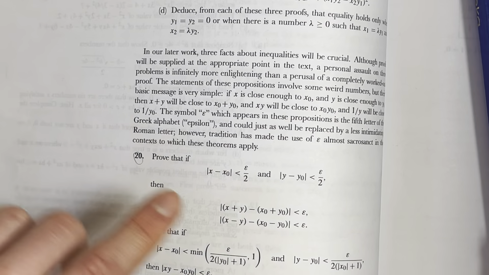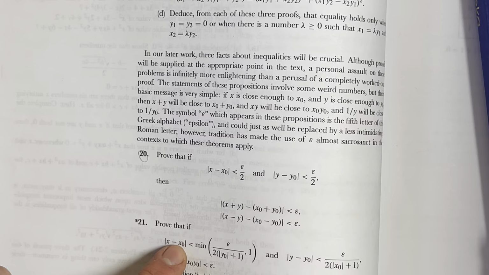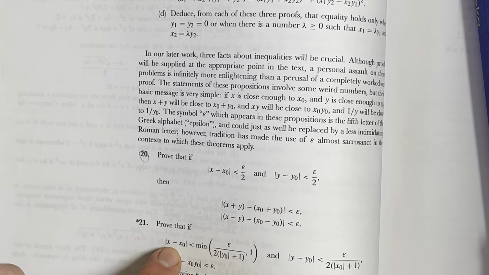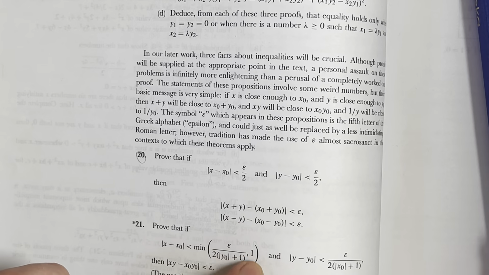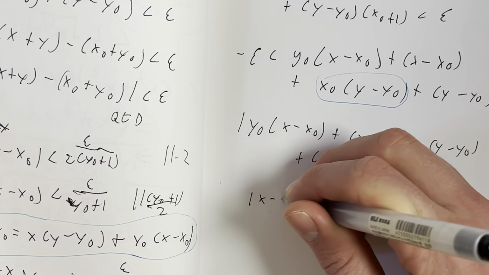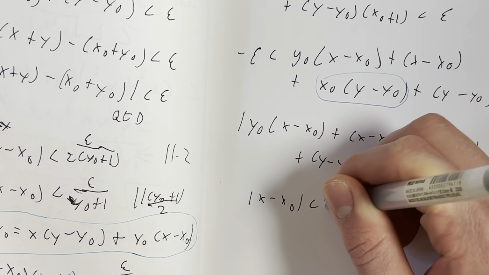And now, we were given that absolute value of x minus x0 is less than the minimum of these two. So thus x minus x0 is also less than 1. So absolute value of x minus x0 is less than 1.